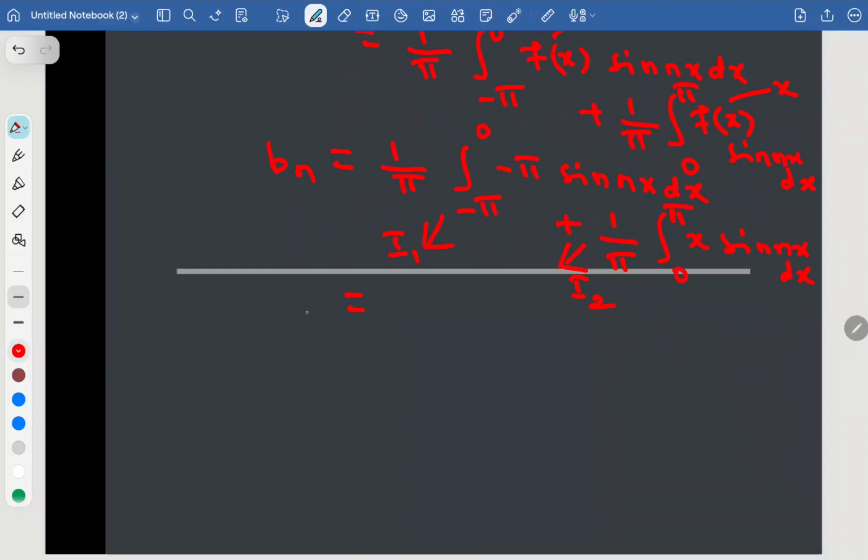For Bn, separately we have to find the integral value. Minus pi by pi integral minus pi to 0 sin nx dx.